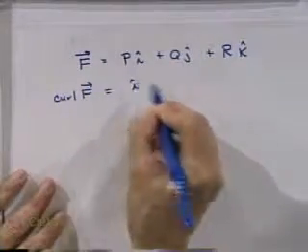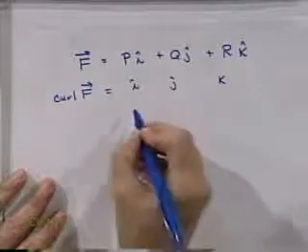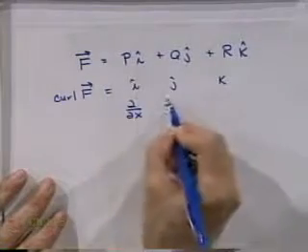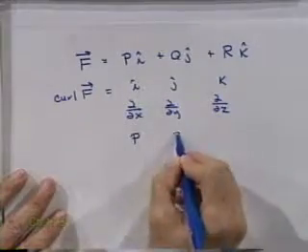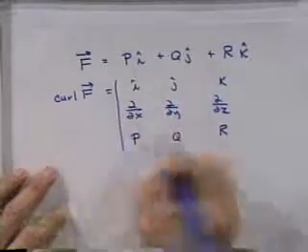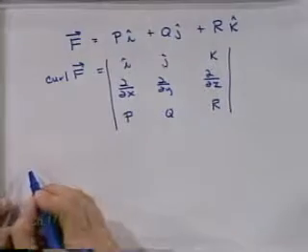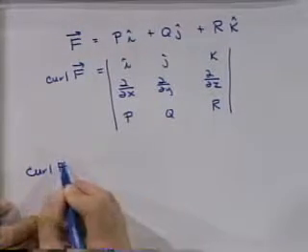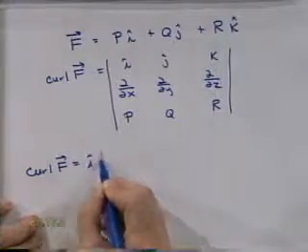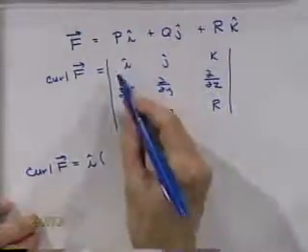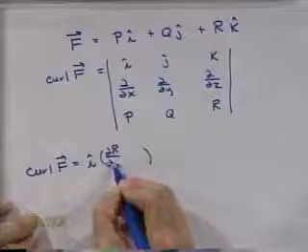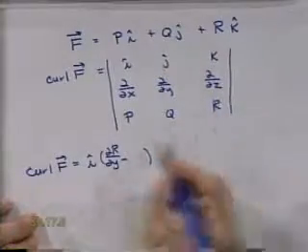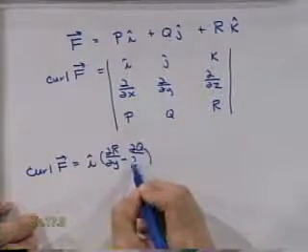We did i, j, k, partial with respect to x, partial with respect to y, partial with respect to z, and then we put p, q, and r here. And therefore, the curl of f is equal to i times, now you eliminate the row and column that the i is in, so we have the partial of r with respect to y minus the partial of q with respect to z.